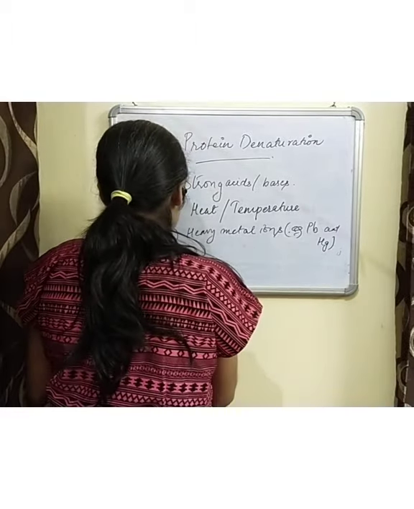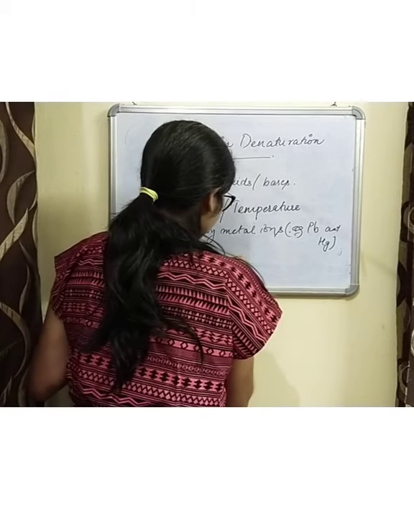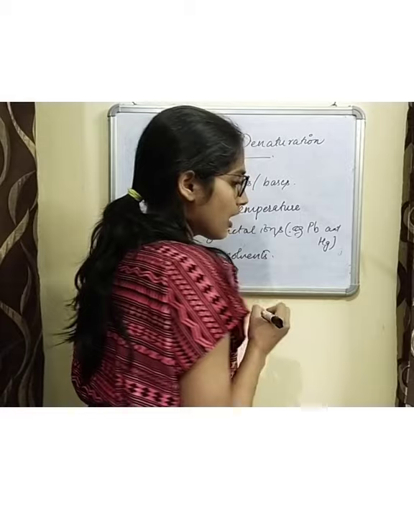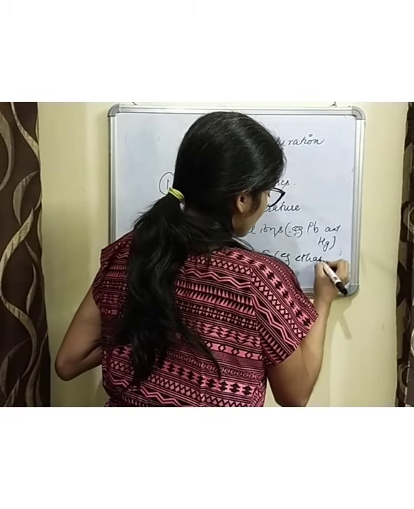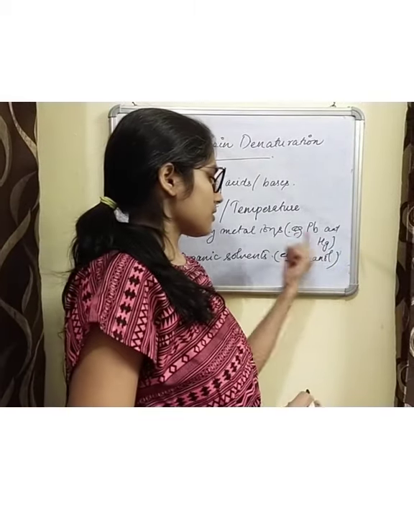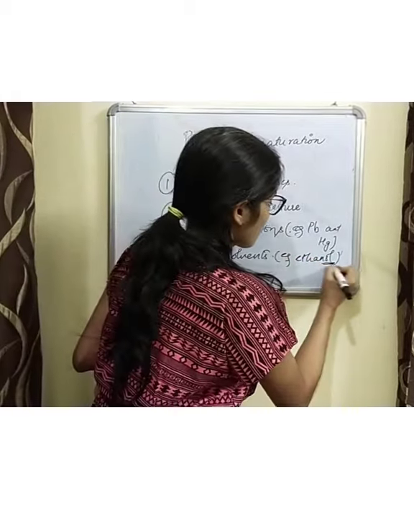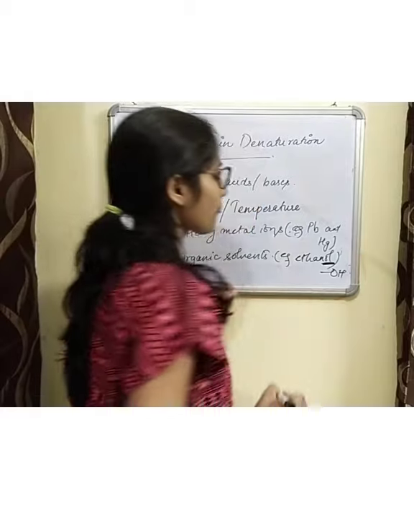Then next are organic solvents. So what are organic solvents? Organic solvents, for example ethanol, also have an OH group because it has an ol, so the functional group is OH here.